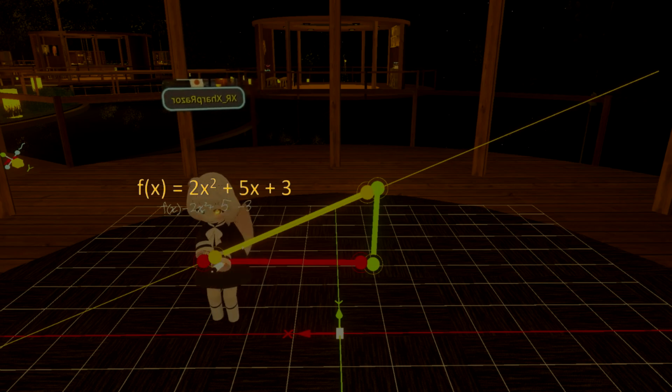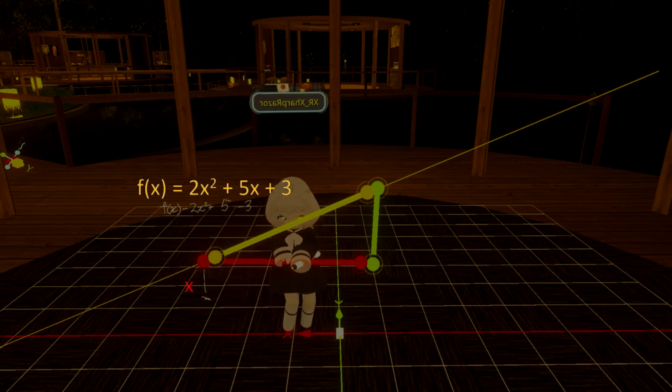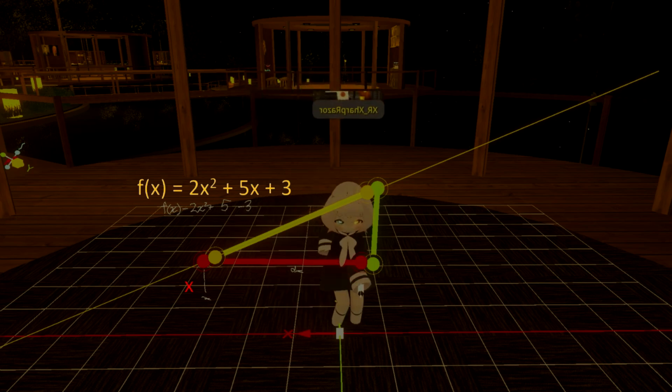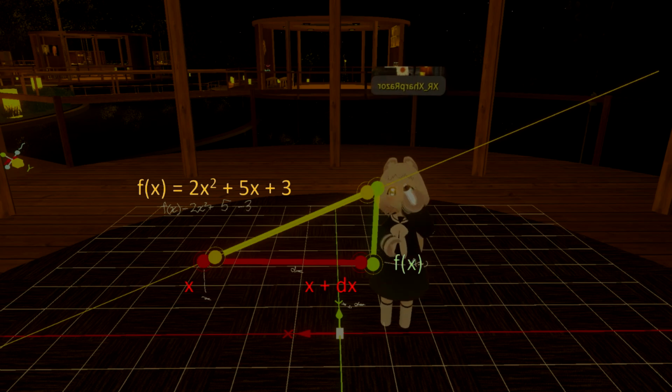This means that the x coordinate of this point over here is x, and this red line over here is dx. This one over here is x plus dx, the x coordinate of it. Now, this one over here is f of x, and this one up here is f of x plus dx.